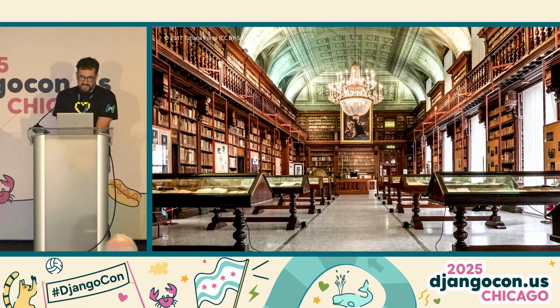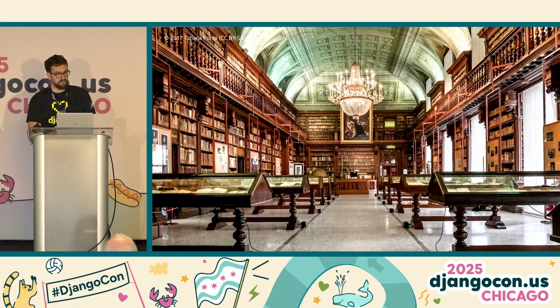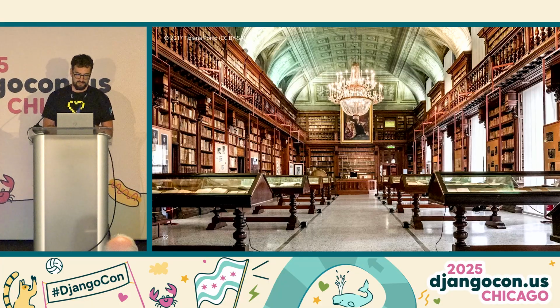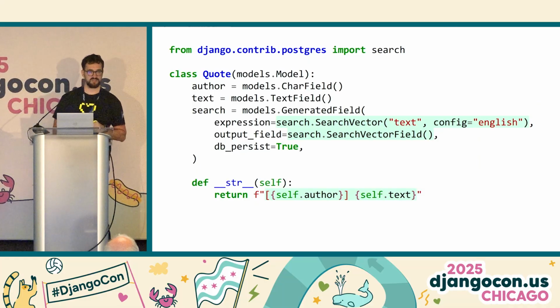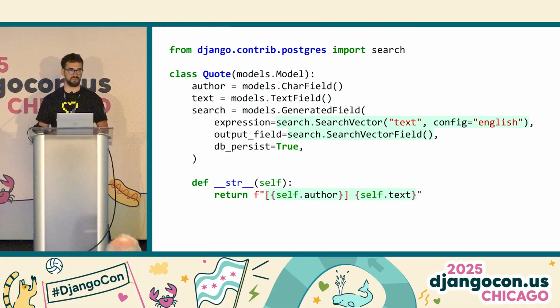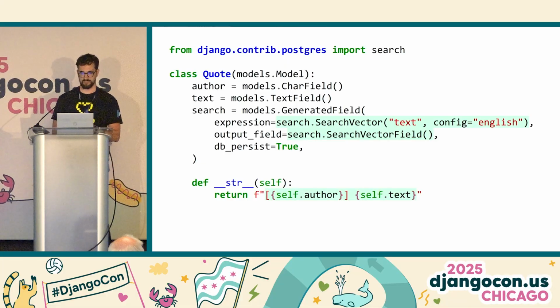Let's go to Milan. This is the Braidense Public Library. It's very beautiful inside, but searching on this amount of text can be intimidating. So for searching in texts, we use the full text search that we already have in the Postgres module, for example.